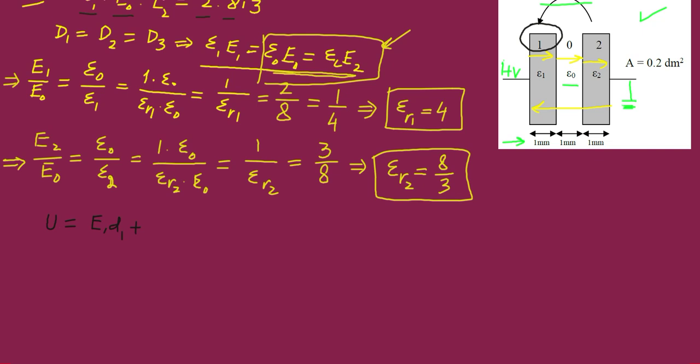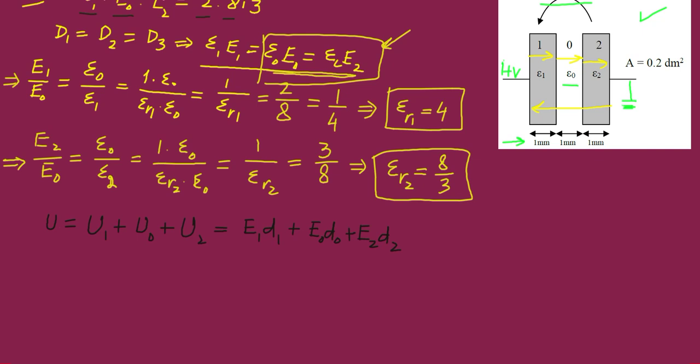So we can write U is equal to U1 plus U0 plus U2, and then elaborate it as U equals E1 D1 plus E0 D0 plus E2 D2.